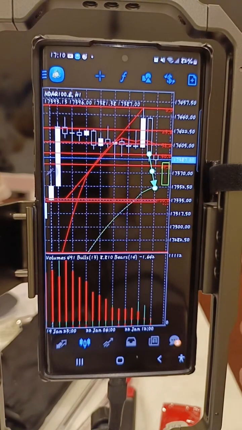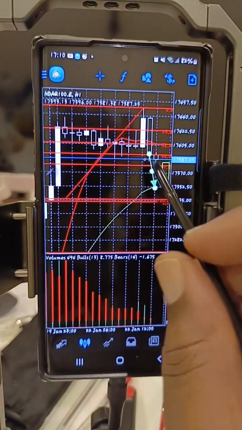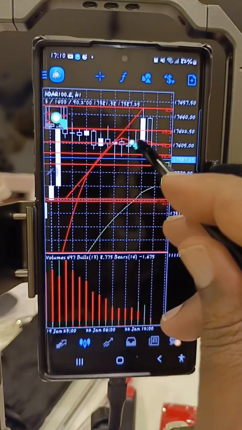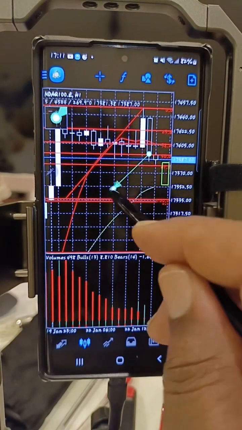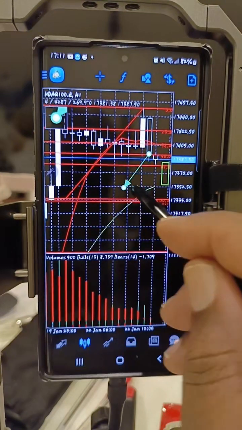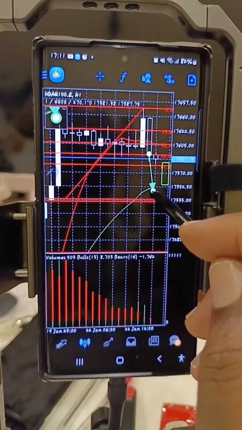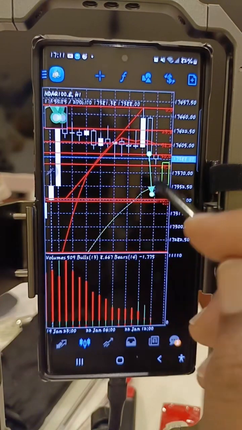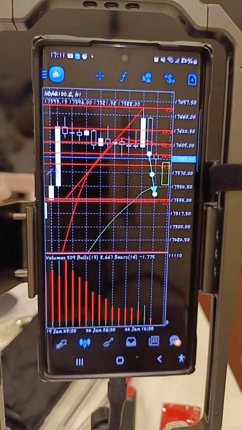Then I will be comparing MT4 and MT5 later, and clearly using the functions they give us to help us trade. This is only for educational purposes.